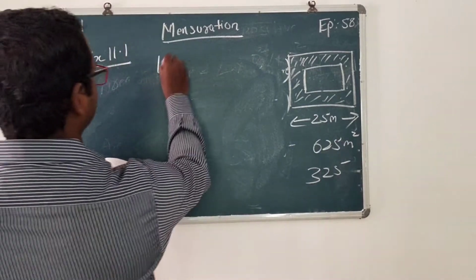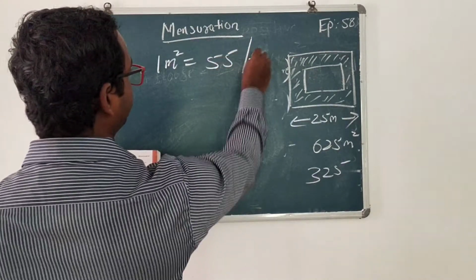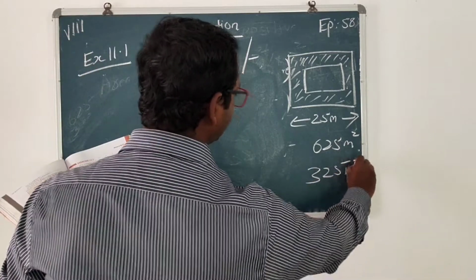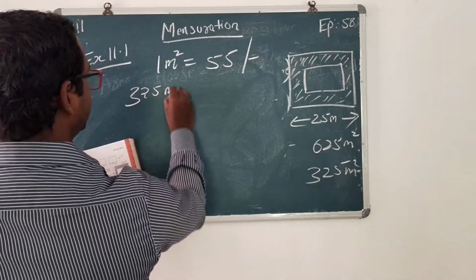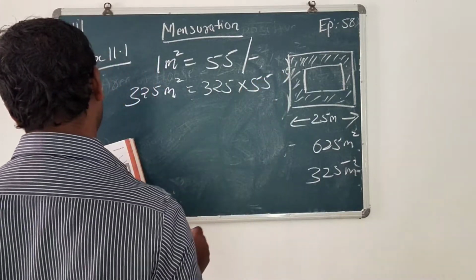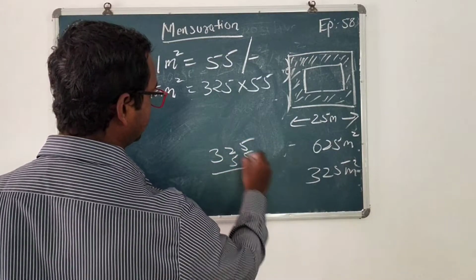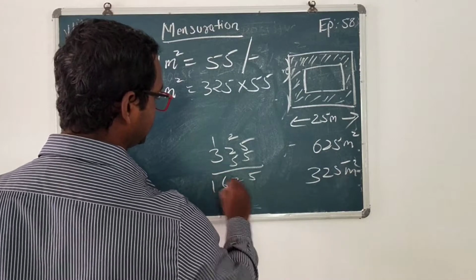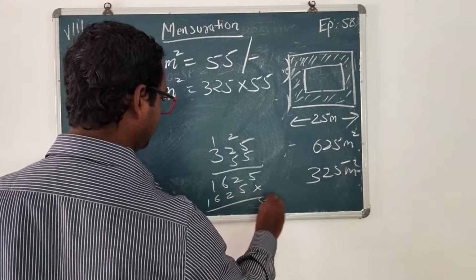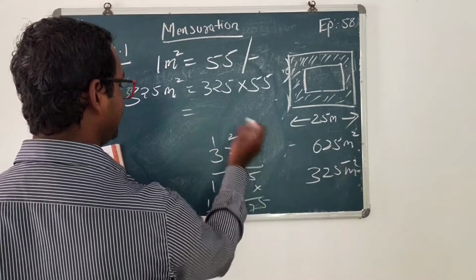So, if the cost of 1 meter square is 55 rupees, then the cost of 325 meter square is going to be 325 into 55. 325 into 55 is 17875.